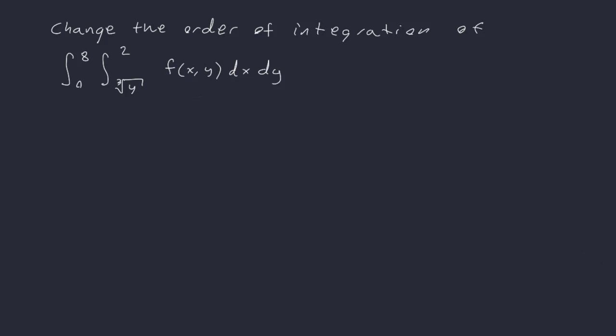Well, we're starting with x on the inside, right? So that's going to be an x equals this thing to an x equals this thing. So if x is on the inside, that's oriented from left to right. Okay, so that's going to help us establish what our region looks like. So if we just want to change the order, this is our first thing to set up.